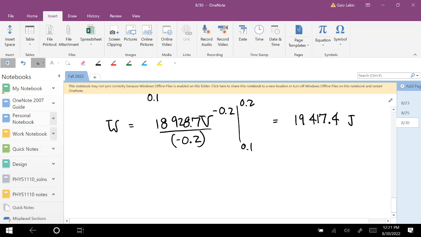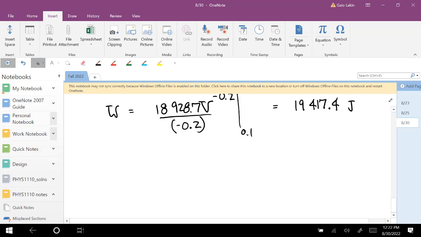Okay, so those are a couple of problems where you're computing the work of expansion. That can also be a step in a first law of thermodynamics problem. So now let's get into some problems with the first law of thermodynamics.